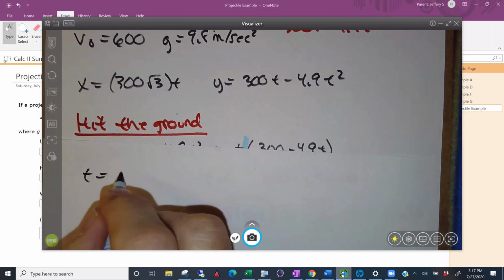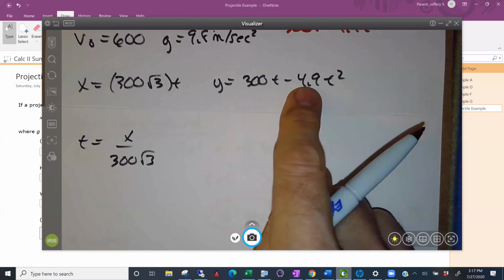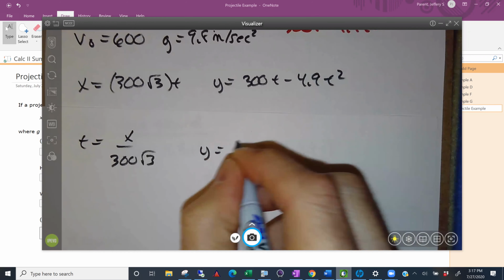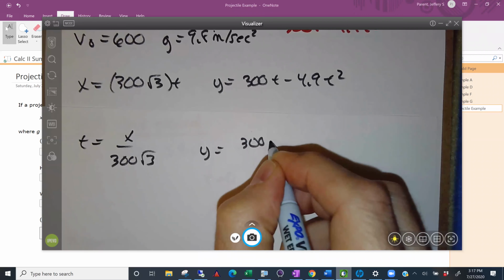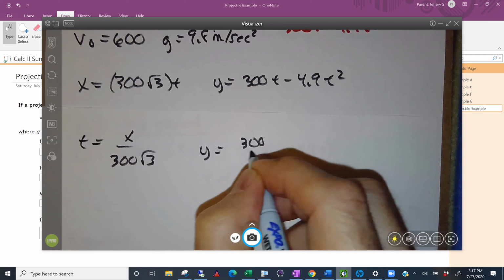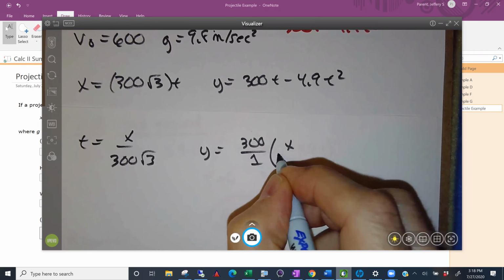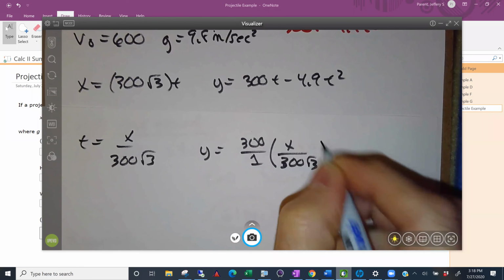t equals x divided by 300 times the square root of 3. And I want to plug that into here. So it's going to be y equals 300 over 1 times x over 300 square root of 3.